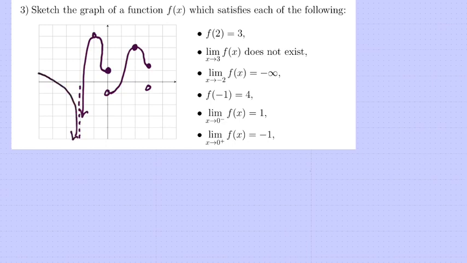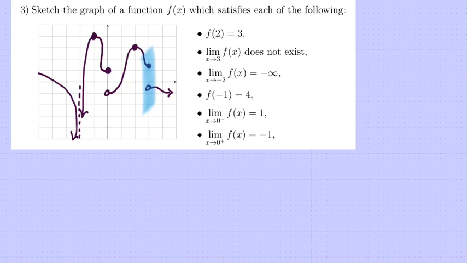So there are lots of different correct answers. This is as continuous as I feel like I can make it. But you definitely need to have some discontinuity at x goes to 3.